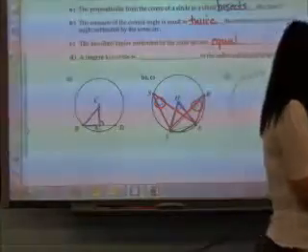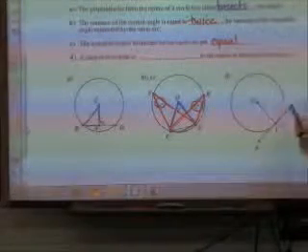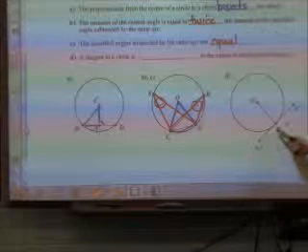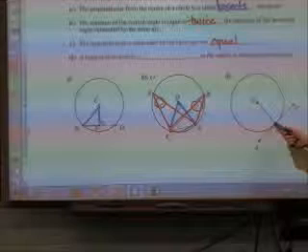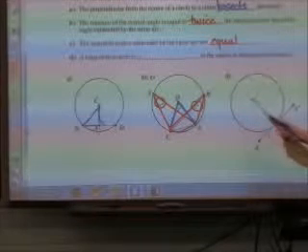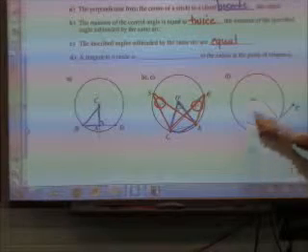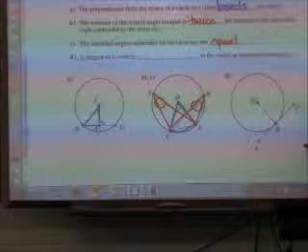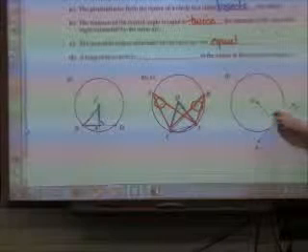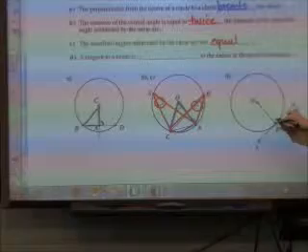And then the last one, a tangent to a circle. A tangent is a line that touches the circle in one point. If I draw a line from that point to the center of the circle, which is the radius, what do I know about these two lines? How do they intersect? What kind of an angle? They make a 90-degree angle.